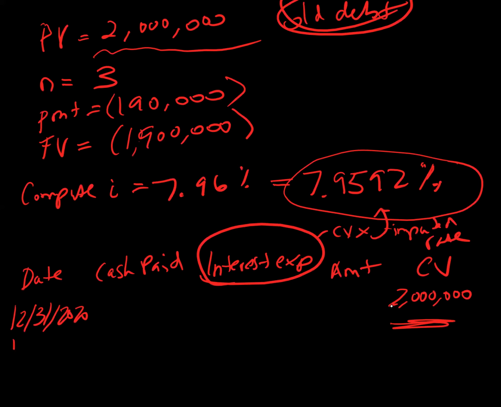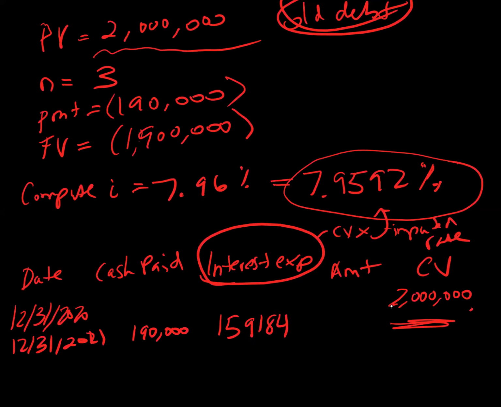And then December 31st, 2021, we're going to have cash paid of 190,000. We're going to have interest expense. So it's going to be 2 million times 7.959%, which is going to give us 159,184.